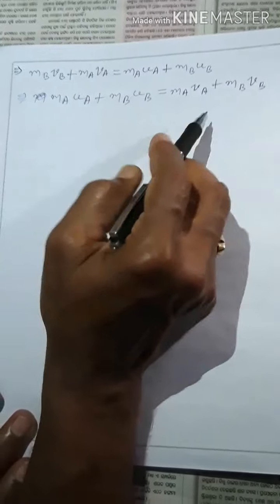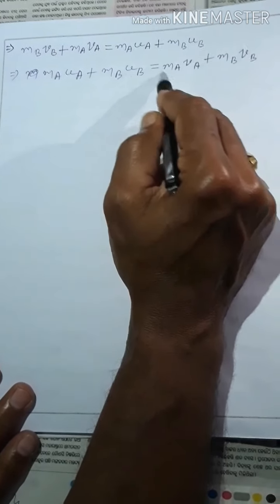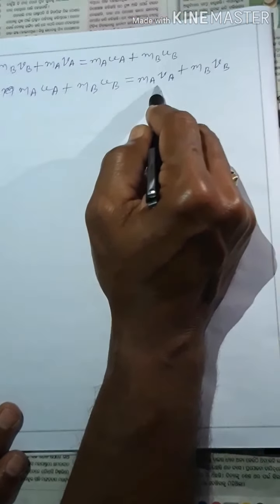And on the right side, MA VA is the final momentum of object A plus final momentum of object B.